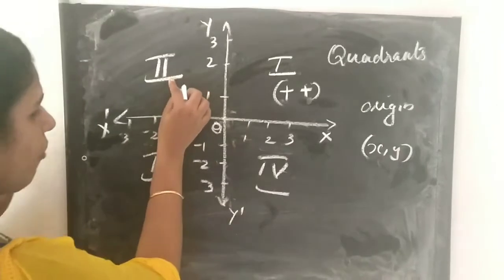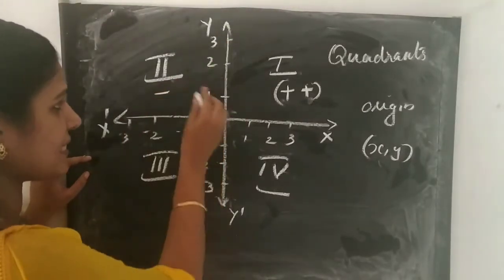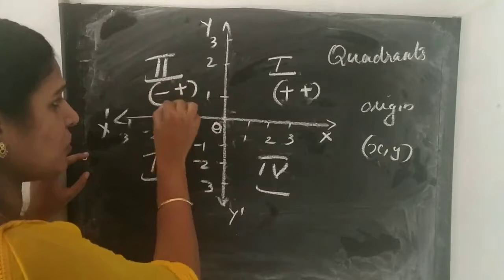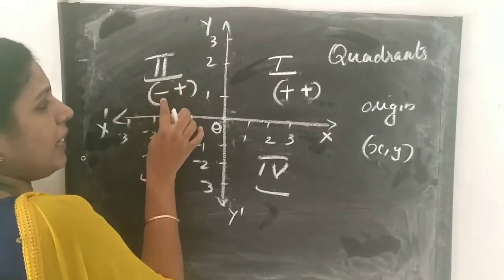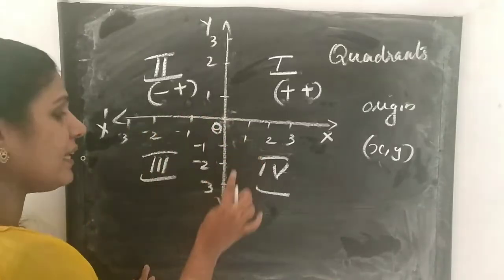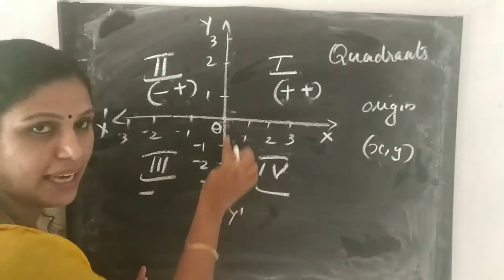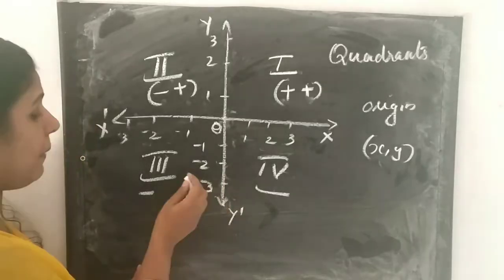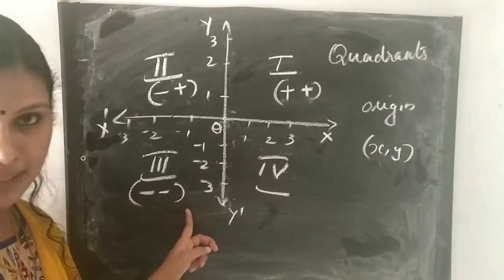In the second quadrant, on the x-axis the numbers are negative and on the y-axis the numbers are positive, so it is minus, plus. In the third quadrant, the x-axis is minus and the y-axis is also minus, so the numbers are minus, minus.